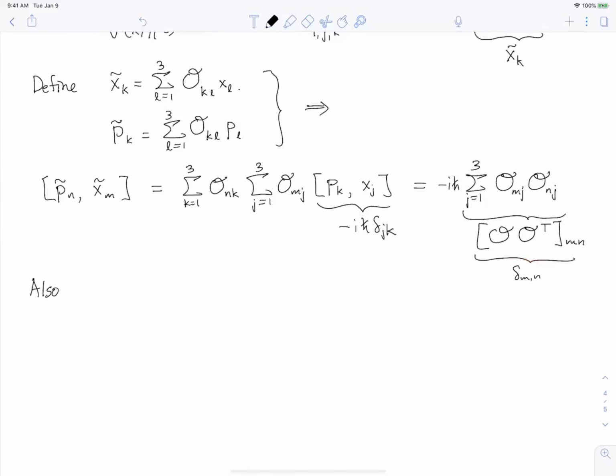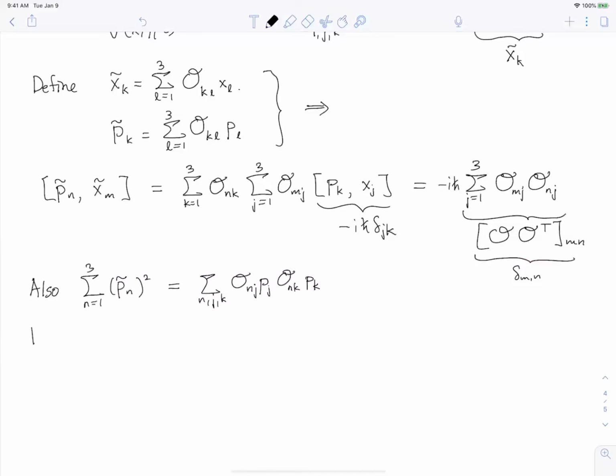Also, you can construct the following thing. Let's say I do sum n equals 1 to 3 of p tilde n squared. If I plug in the definition, that's going to be a sum over n, j, and k of orthogonal matrix nj, pj, orthogonal matrix nk, pk.